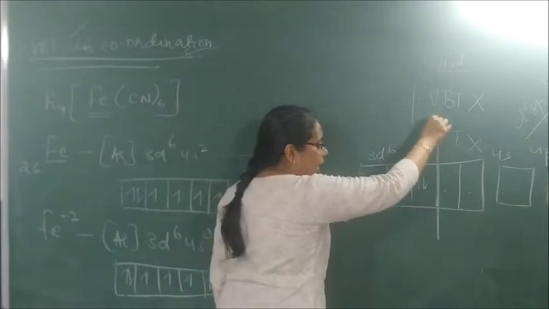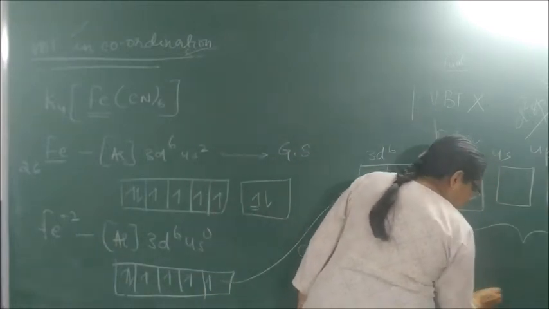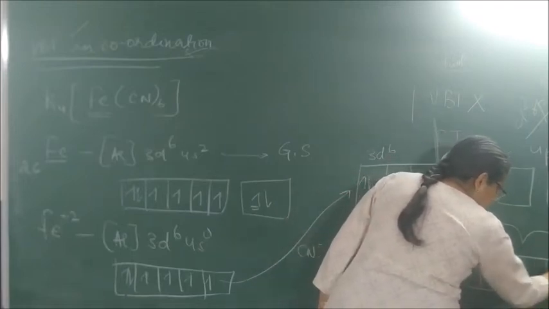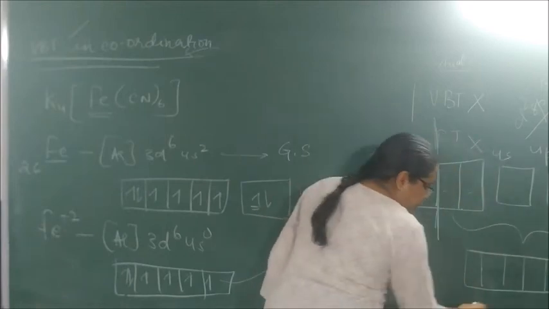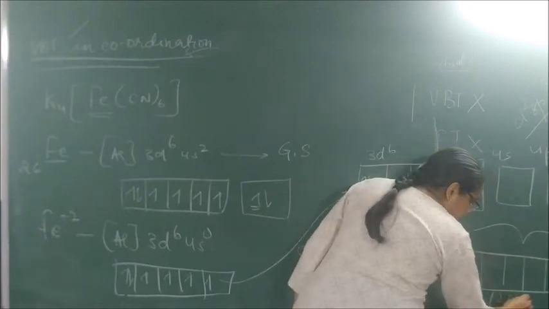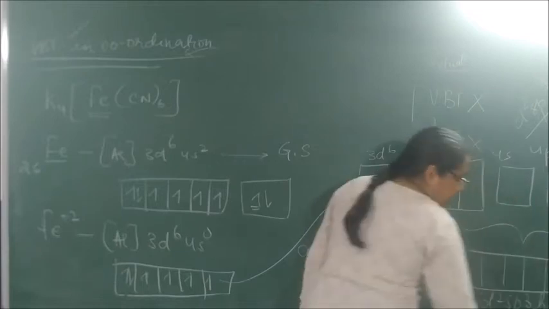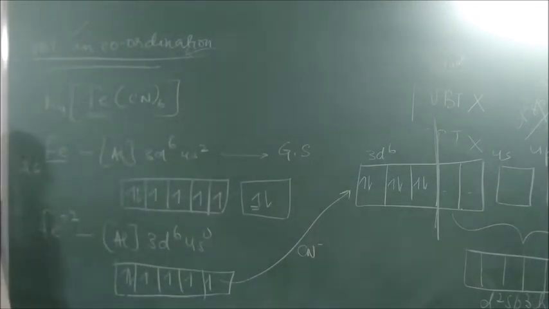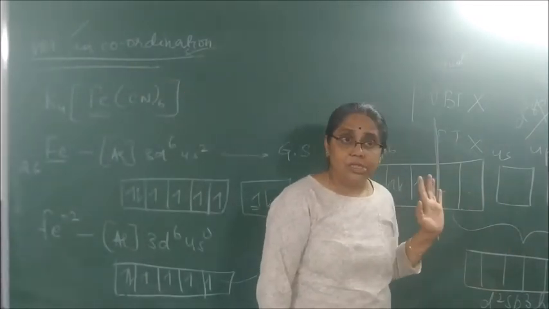So these will detach from the d and all fuse together to form a new orbital with 6 vacant orbitals, and this is called what? d2sp3 hybridization or hybrid orbital. Is it clear? The coordination number and the vacant orbitals should be the same.